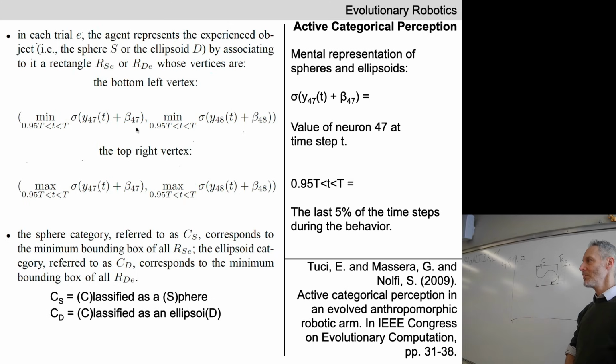Short-term memory is an important building block of intelligence. You need to rely on it. You've seen this recently. What's this? This is the value of the 47th neuron.